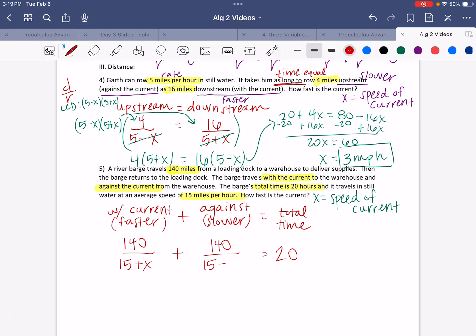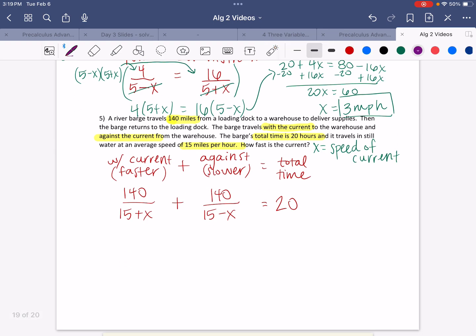And on the slower portion, I'm going to do 15 minus x. Okay, this is the setup. We use the same distance twice because they're covering the same distance, right? They're going 140 miles to get to the warehouse and 140 miles to come back to the loading dock. We showed the different speeds, and then we made it equal to the total time.